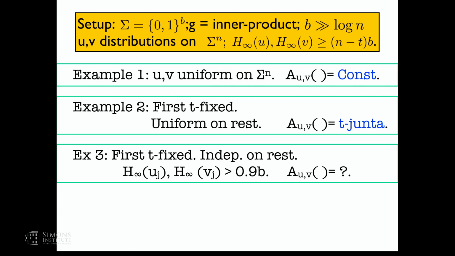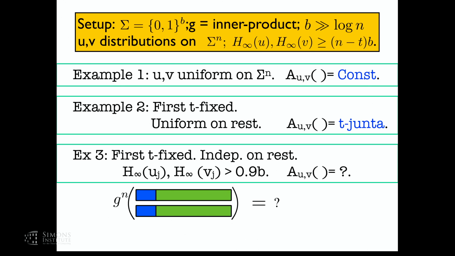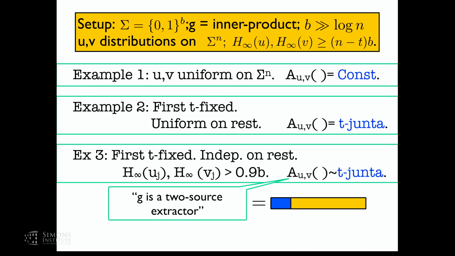What can you tell me about the acceptance function then? Well, it turns out that even in this case, the first t coordinates are fixed, so those things are lost anyway. The remaining ones, you still get a uniform distribution. Okay? So the output is again a t-junta, and here's where we use the property of the inner product gadget, that it's a two-source extractor, meaning if I give you two symbols with very high entropy, then the output is almost close to being uniform. Okay?